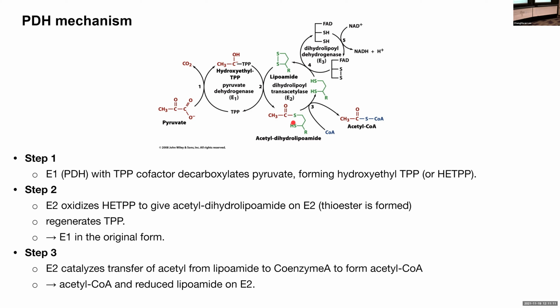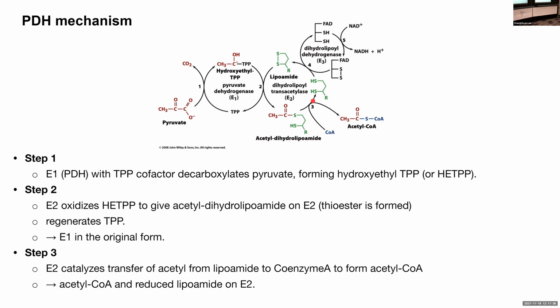The rest of this sulfur is going to remain reduced, so it's going to be bound to this hydrogen atom here. And this process regenerates TPP from HETPP. So this TPP can be recycled, basically used for step 1 again.